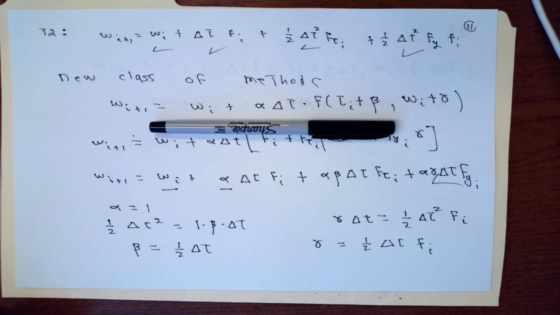If you were to let alpha equal 1 and beta and gamma both equal 0, you would have Euler's method again. But this class of methods contains many, many more methods than just Euler.